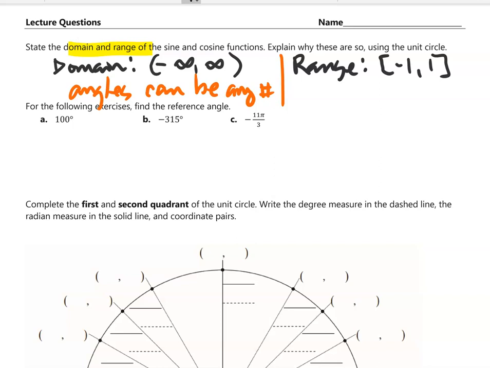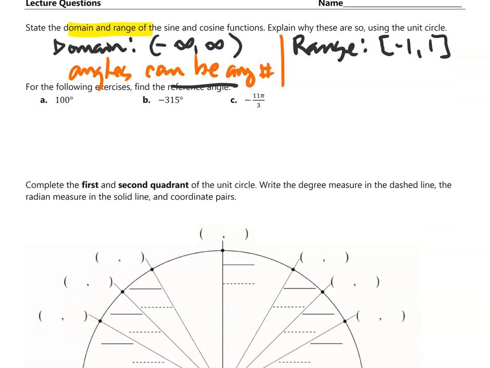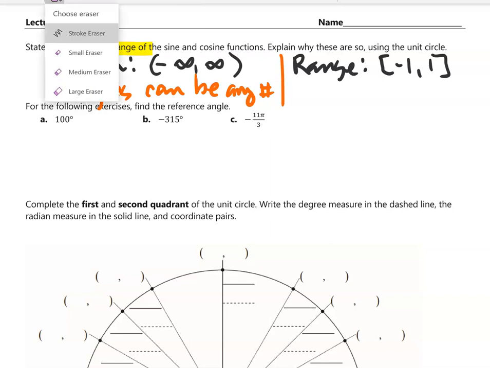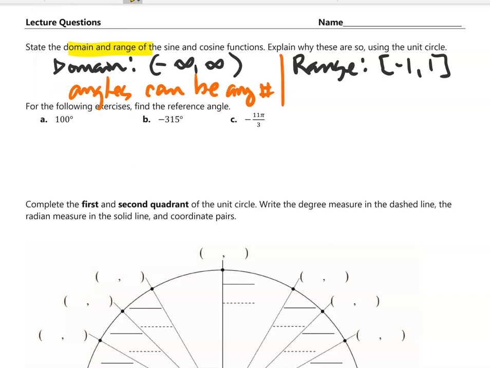Next, for the following exercises, find the reference angle of A, B, and C. So letter A, 100 degrees. Now let's locate where 100 degrees is. So this is 90, so let's say this is 100 degrees.